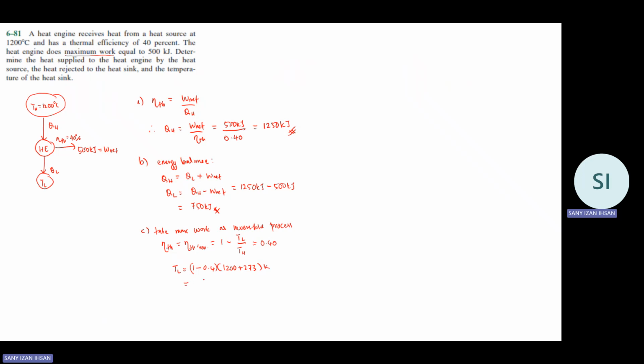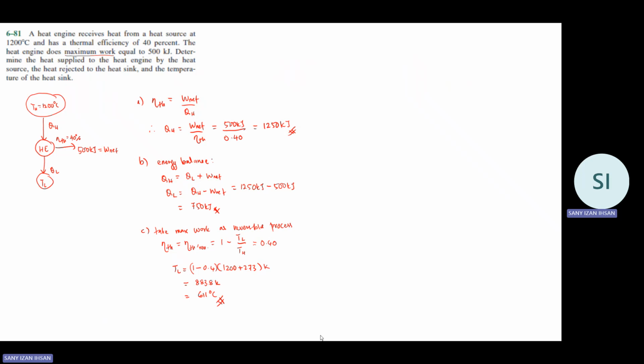If you solve, you will get 883.8 Kelvin, or if you convert back to Celsius, 611 degrees Celsius. That will be TL, assuming that maximum work is basically the reversible process. So that will be the second problem.